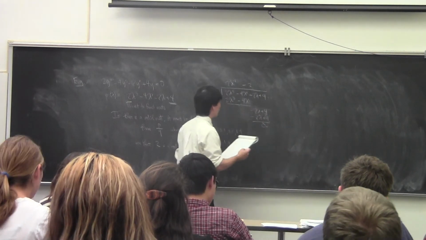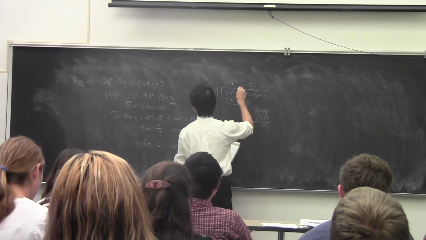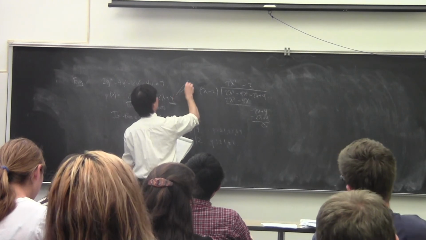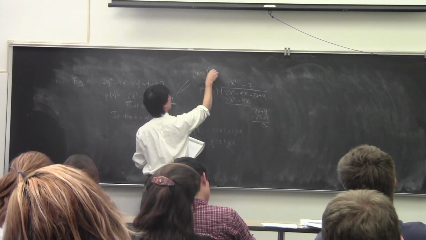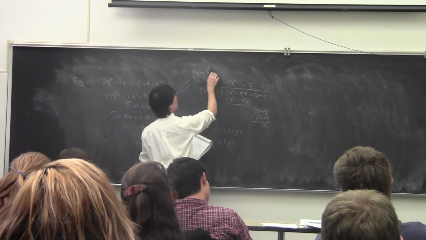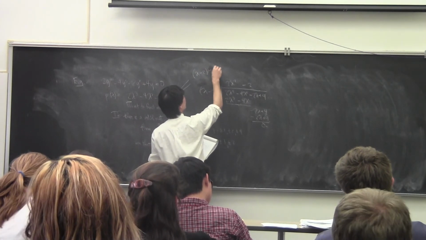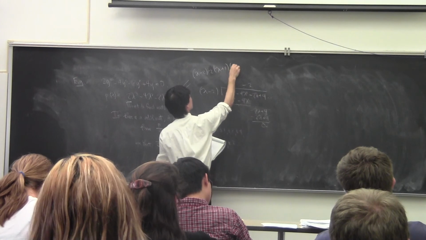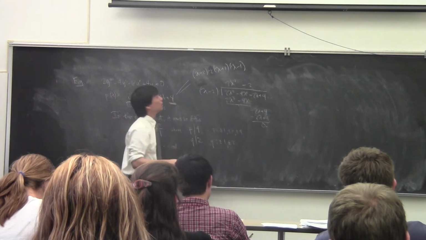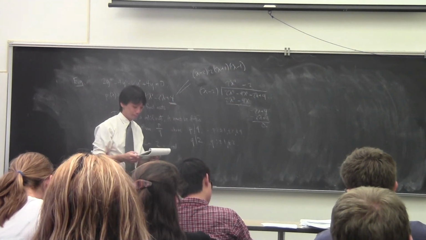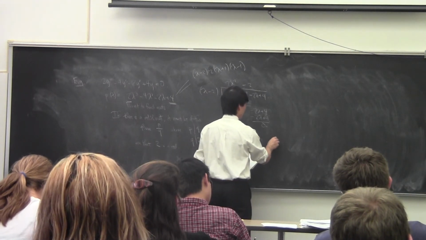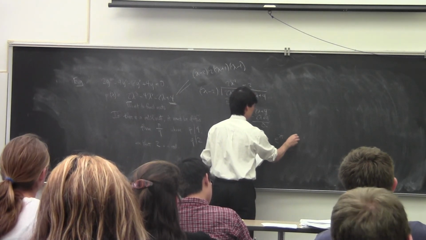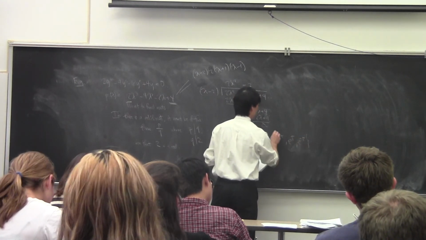And so you get that this thing you can write as lambda minus 2 times 2 times 2 lambda plus 1 times lambda minus 1. And so that gives you this.